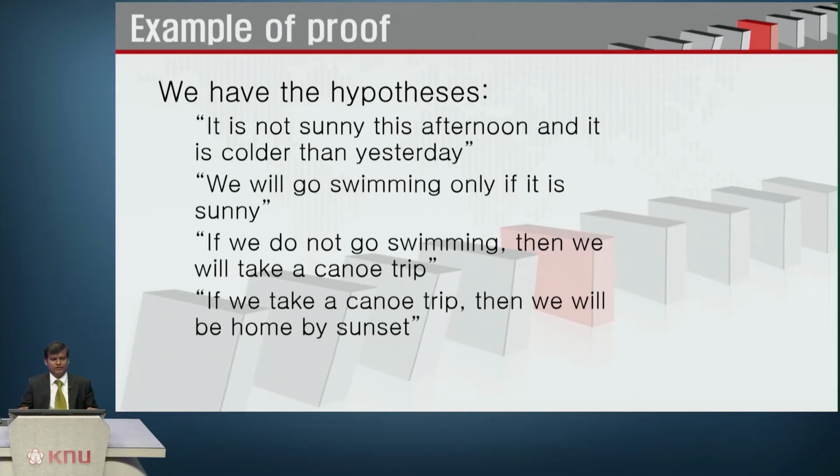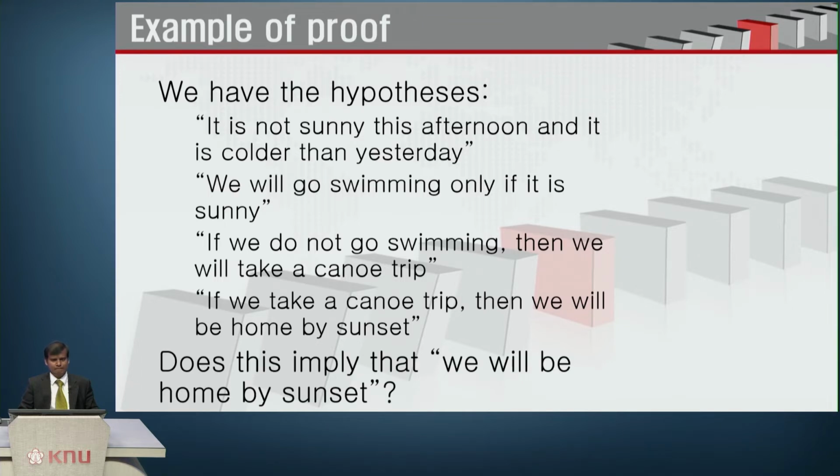If we take a canoe trip, then we have to be home by sunset. Let's try to put some symbols for these statements. The question is, does it imply that we will be home by sunset? So that's the question asked. Let's see whether we are able to make such a conclusion.